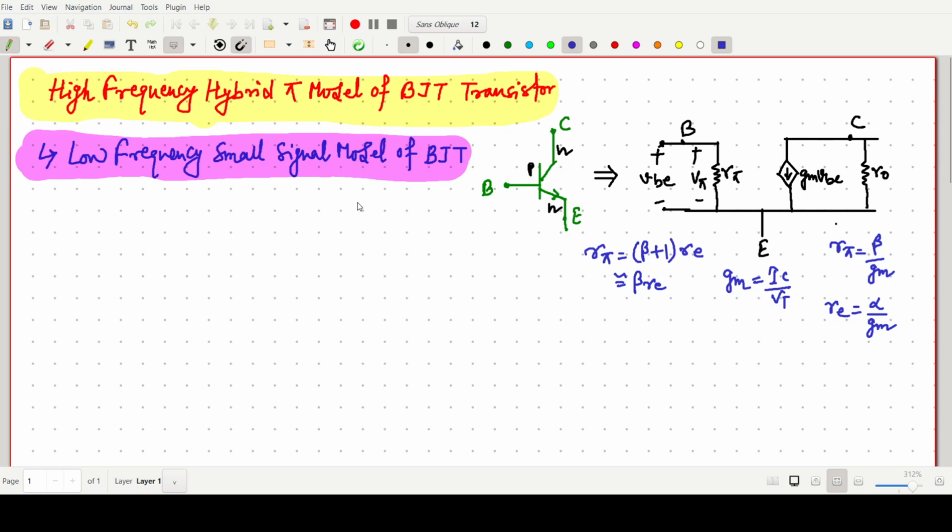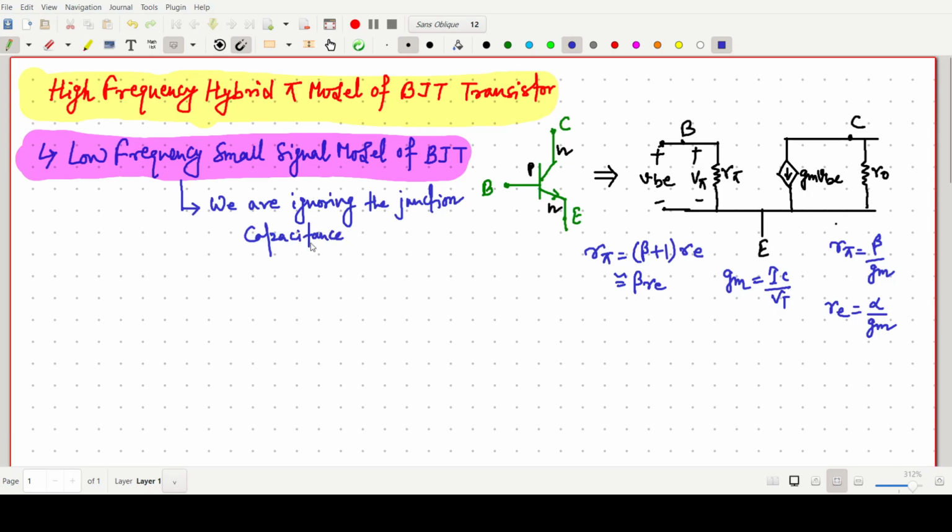In the low frequency model, we are not looking at the junction capacitance. In the low frequency model, we are ignoring the junction capacitance.